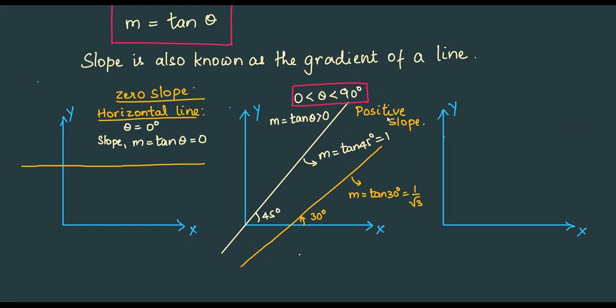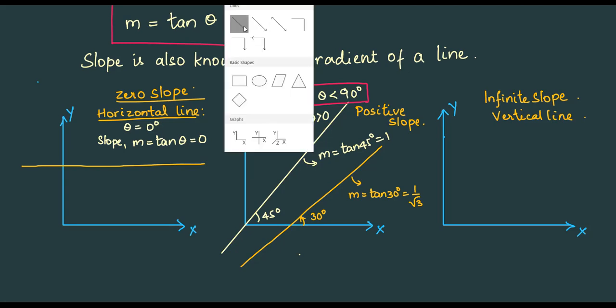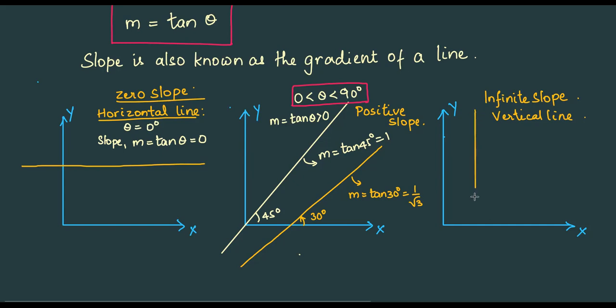Then next, when theta is 90, slope is undefined or infinite slope. Vertical line. For a vertical line, the value of the inclination is 90 degrees.